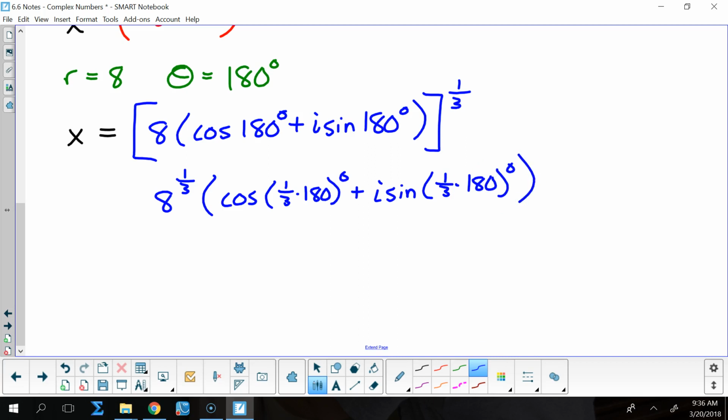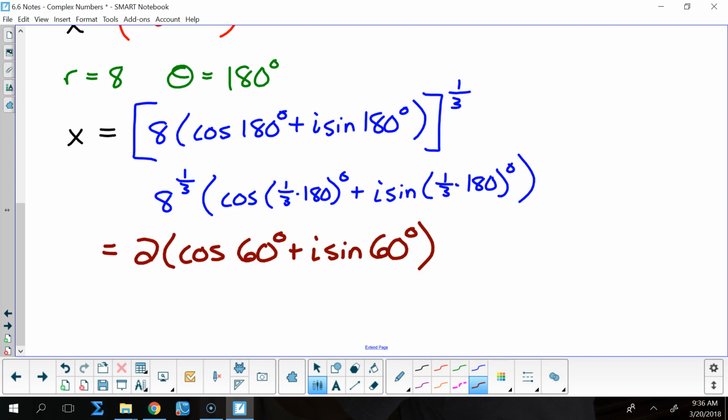What is 8 to the 1/3 power? Cube root of 8. 2. 1/3 times 180. How much? 60. Right?